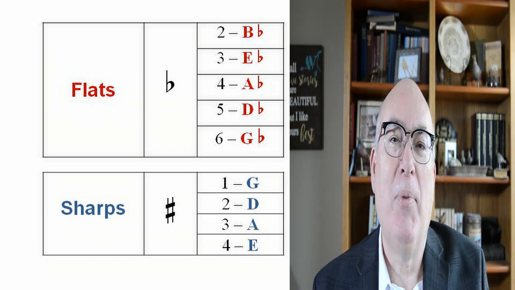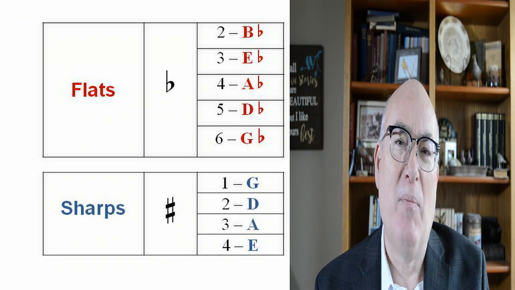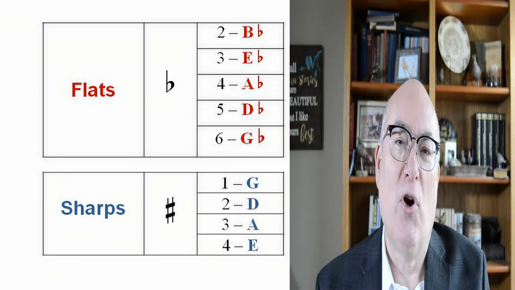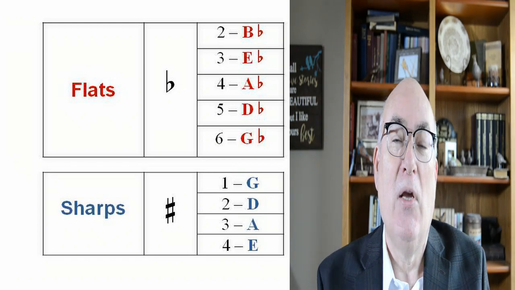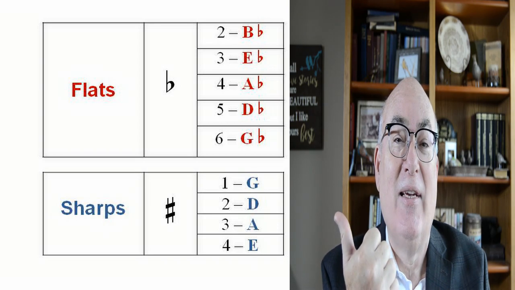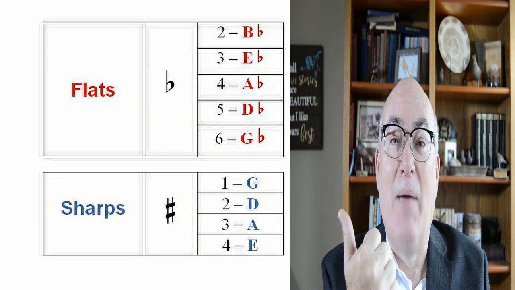I'm going to give you a couple of mnemonics to help reduce the number of things that you have to remember to determine the key from the number of flats and the number of sharps. So we said 0 is C, 1 is F. Now, B, E, A, D, and G are all going to have a flat behind them.